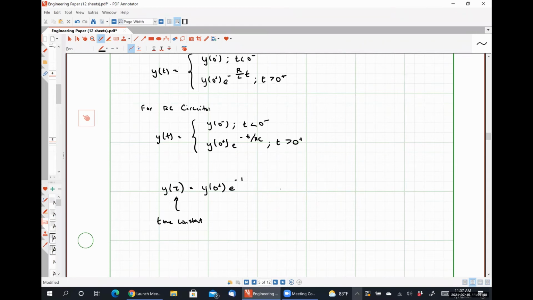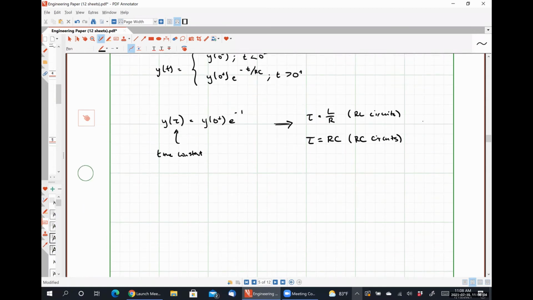Okay, so what this means is that the time constant tau is equal to L over R for RL circuits, and tau is equal to R times C for RC circuits.